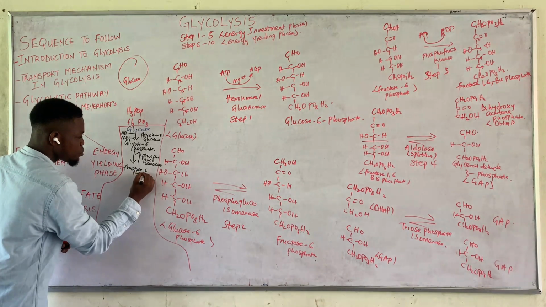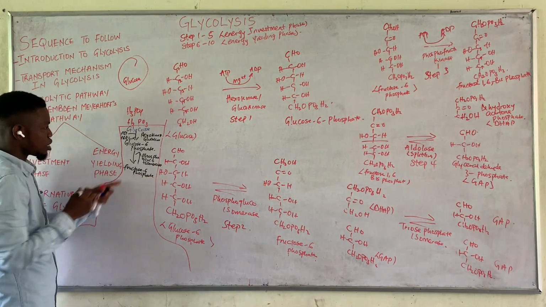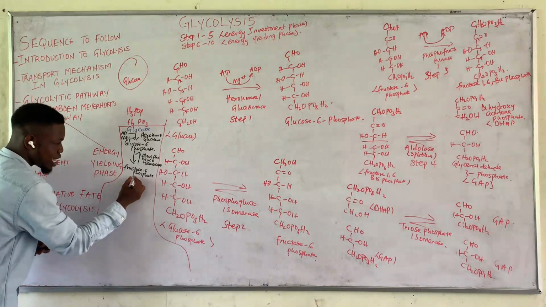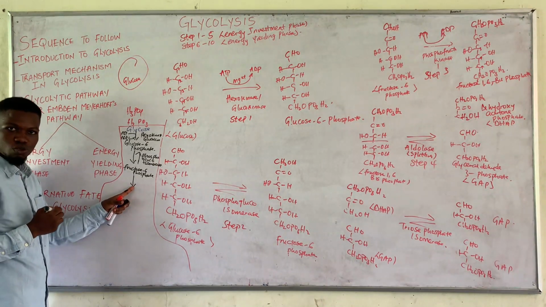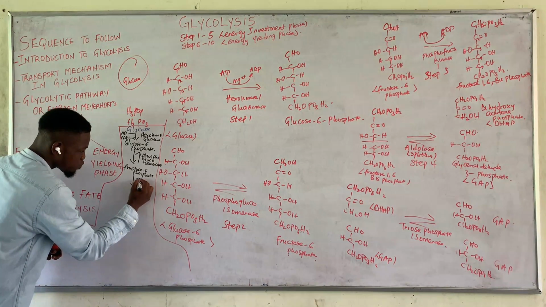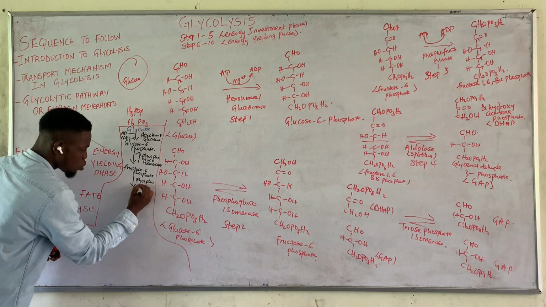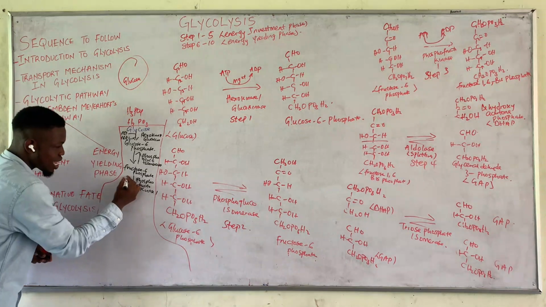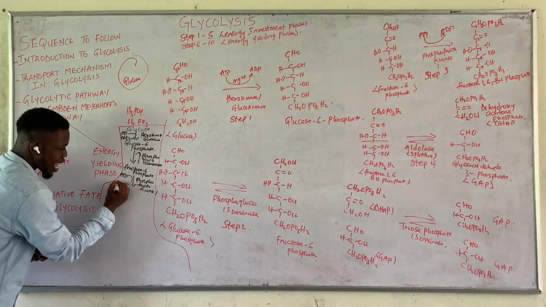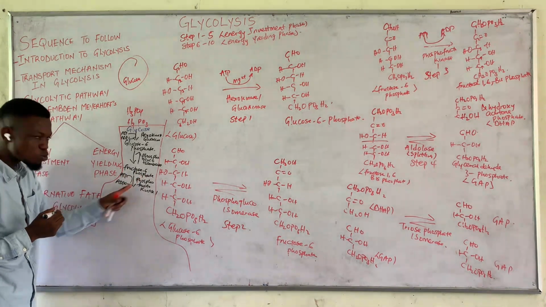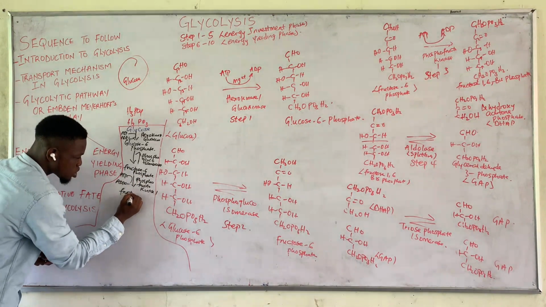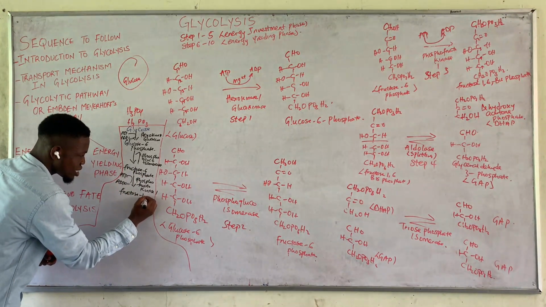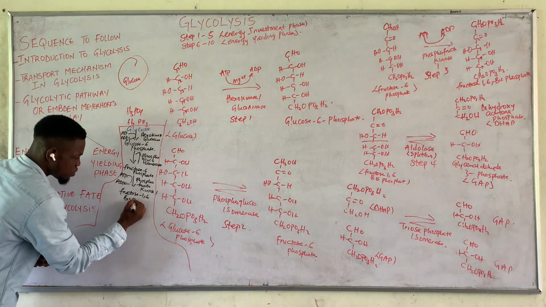So this is step 1, this is step 2. Then step 3, which is irreversible, will be acted upon by phosphofructokinase 1. ATP is used up, like I explained. Then fructose 6-phosphate will be converted to what? Fructose 1,6-bisphosphate.